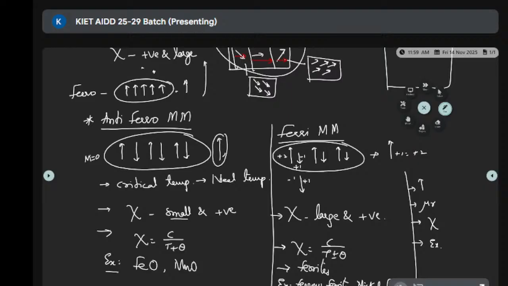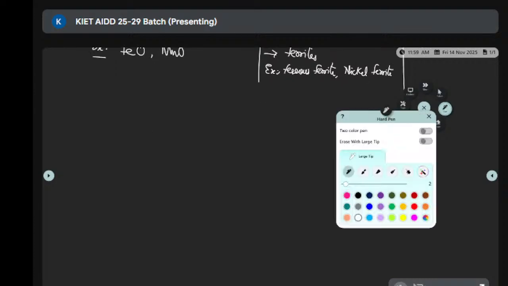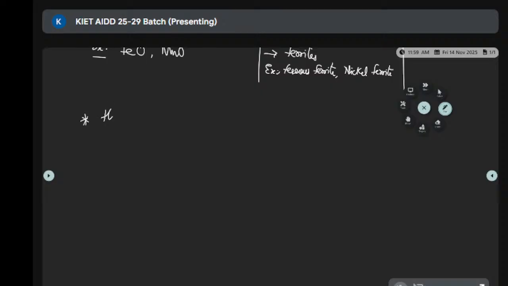Example: H versus I. You will get a closed picture like this.